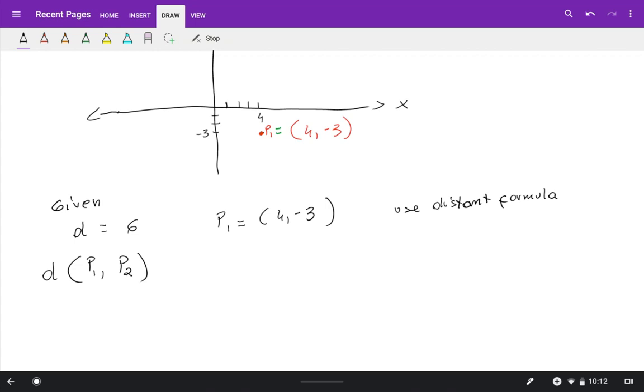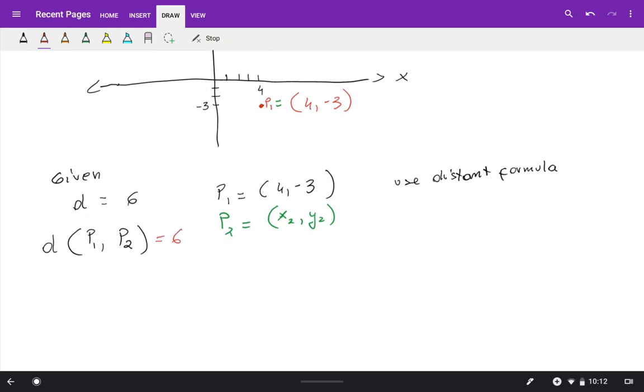We're trying to find the coordinates of point P2. I don't know those coordinates, so I'm going to label them x2, y2, because we're trying to figure them out. And the distance between P1 and P2, we know, is equal to 6.